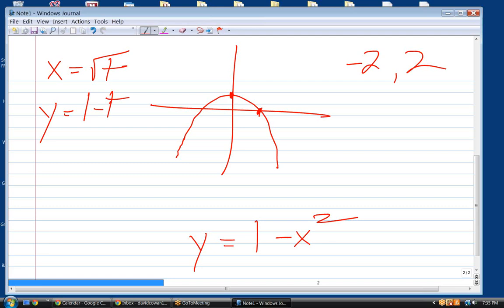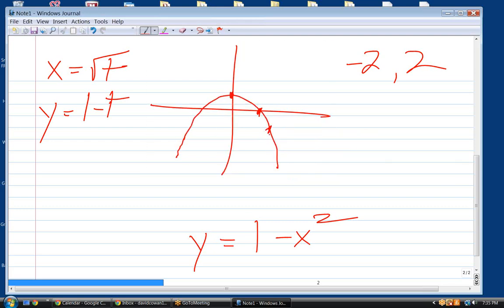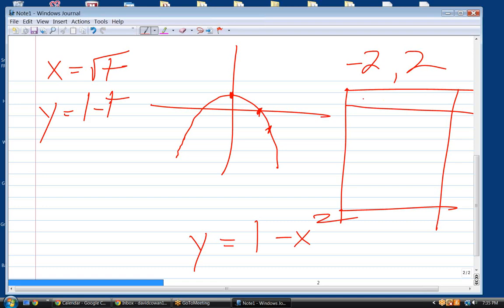When t equals 2, x equals the square root of 2, and y equals -1, which is that part on the curve. In other words, as I go through the range of t values, I basically can make a table with t, x, and y.